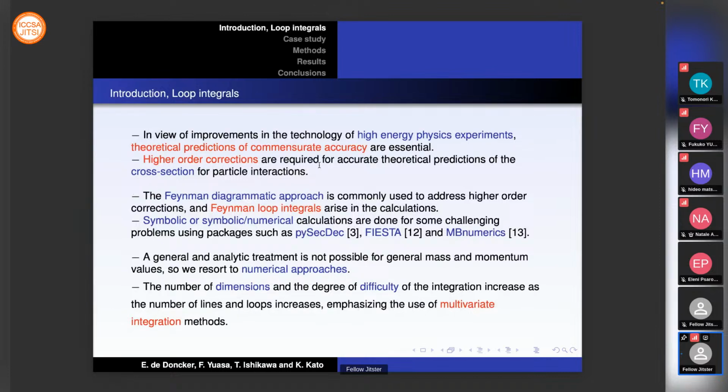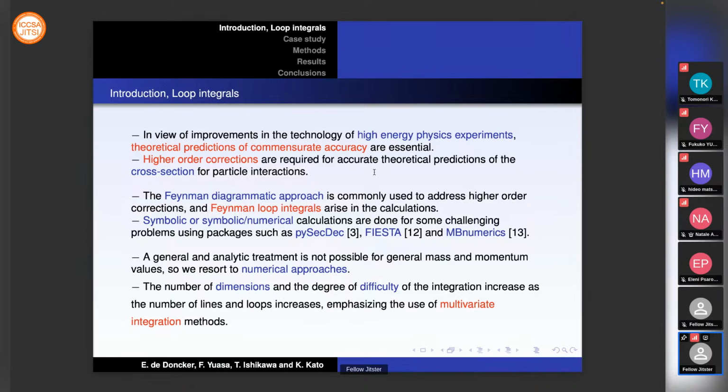So we motivate this work in view of improvements in the technology of high energy physics experiments, which then require that we apply theoretical predictions of commensurate accuracy. In order to obtain accurate theoretical predictions, we will use higher order corrections for the cross-section for particle interactions.